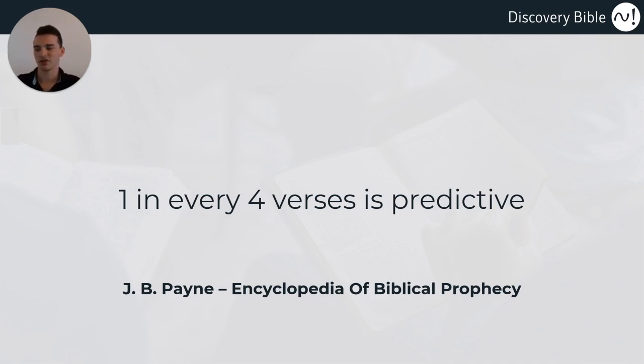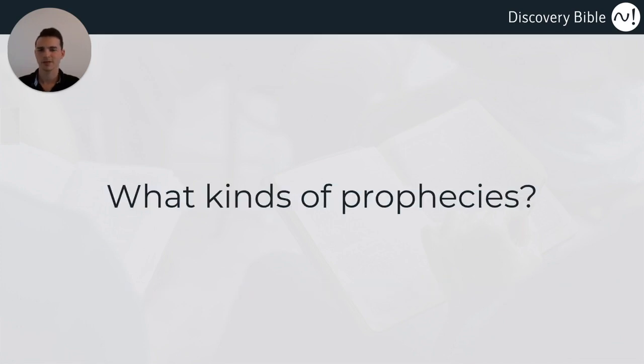So what kinds of prophecies are we referring to? Well, there's messianic prophecies, prophecies regarding the Messiah, Jesus, and his coming. We have prophecies regarding the Exodus. Before the Jews and the Israelites left Egypt, that event was actually prophesied about.